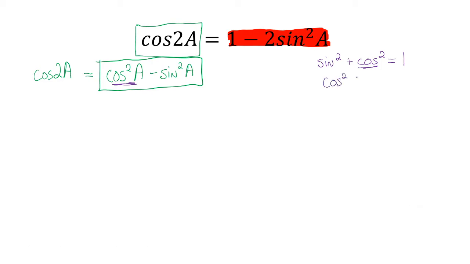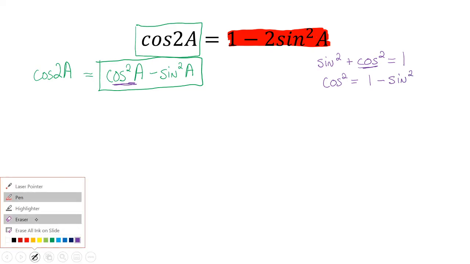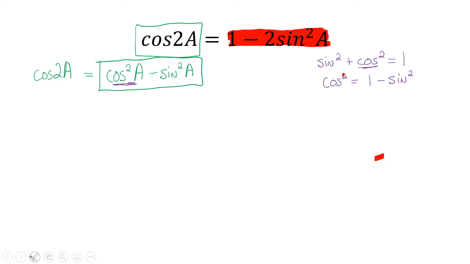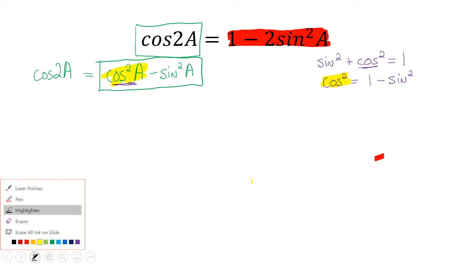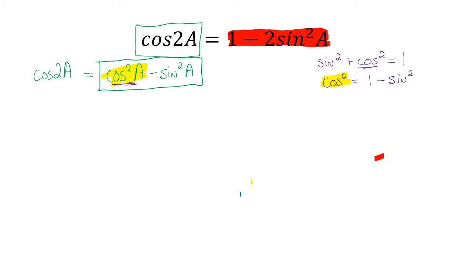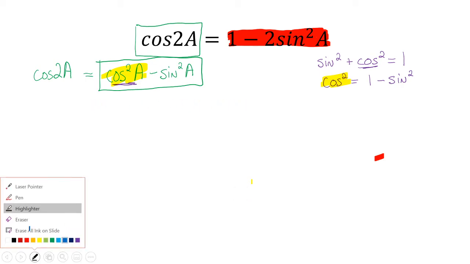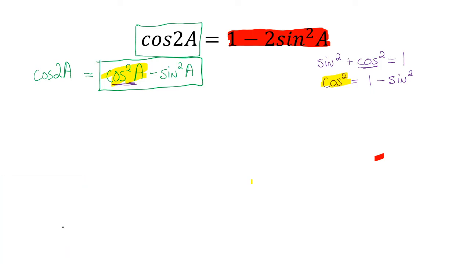So I'm going to say cosine squared equals 1 minus sine squared. So what I can do is take this, well, let me get a yellow, and I can substitute it in there. And when I do that, I'm going to get 1 minus sine squared alpha. I just substituted that in for that.